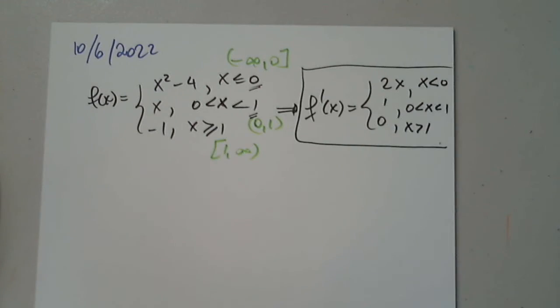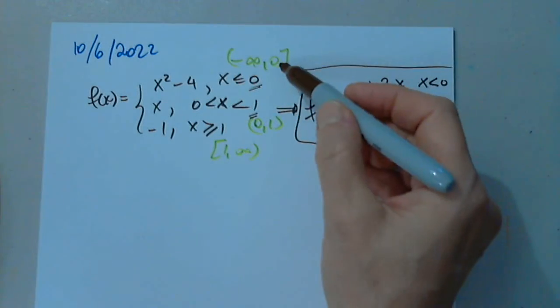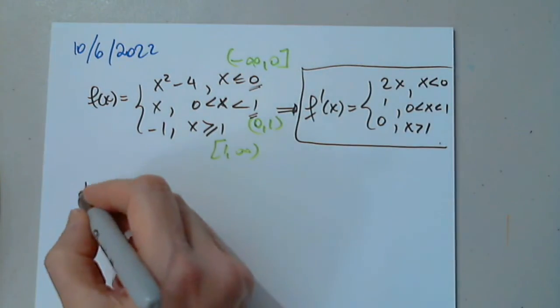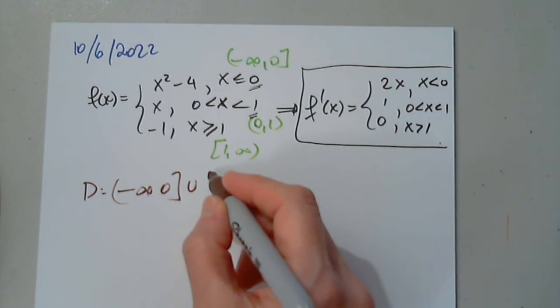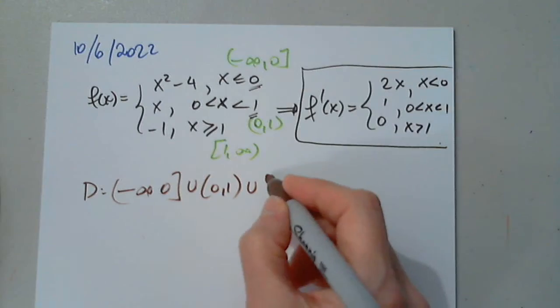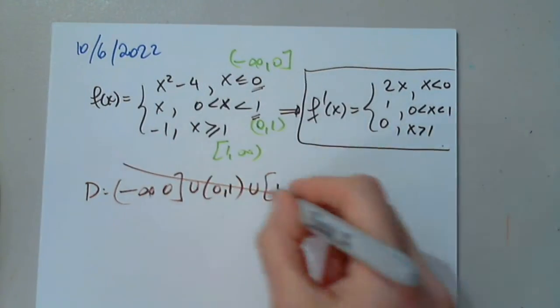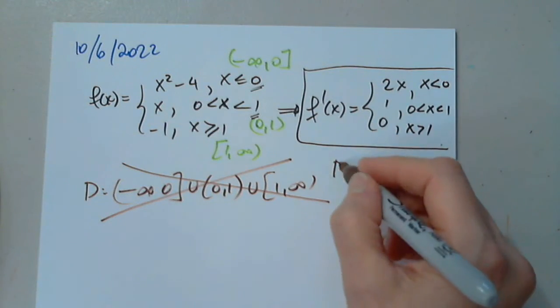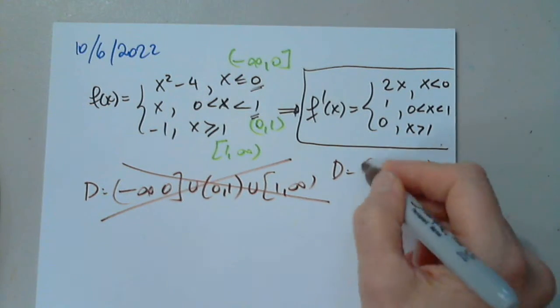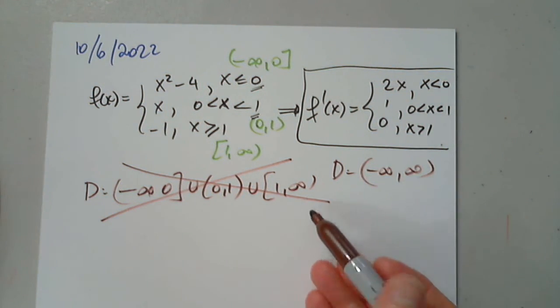Now, when you look at this and you see that nothing is missing, I don't want to see something like this, which many of you did. We've never done this. If the function is defined everywhere, if you want to write it, you have to write it like this, not like this.